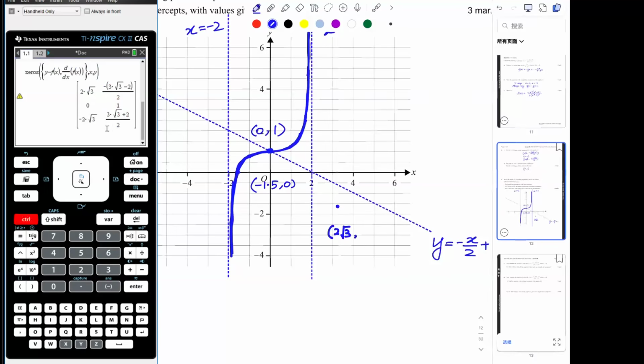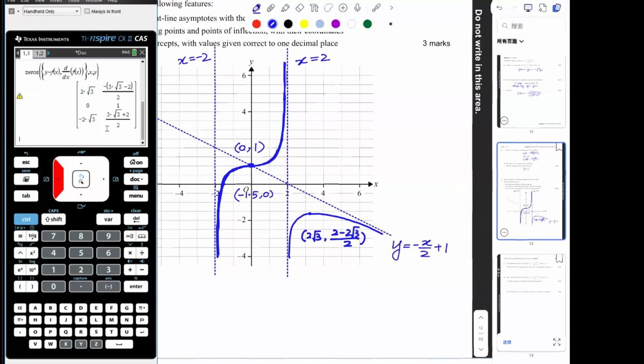And from previous working, I should get, let's say, 2 minus 2 root 3 divided by 2, okay? Because the question didn't say you label that correct to some decimal place. So still write that as an exact pair of coordinates, right? Something along this line. Actually, it should be here, okay?